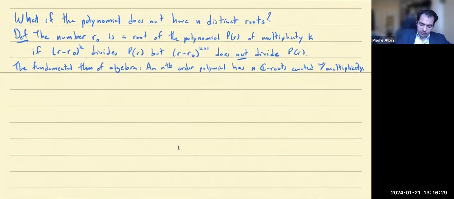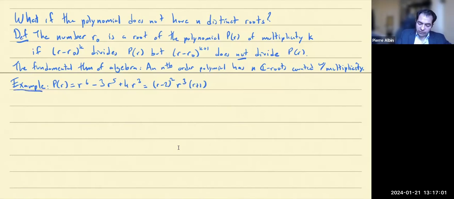So for example, we look at the polynomial r to the 6 minus 3r to the 5 plus 4r cubed. This factors as r minus 2 squared times r cubed times r plus 1.